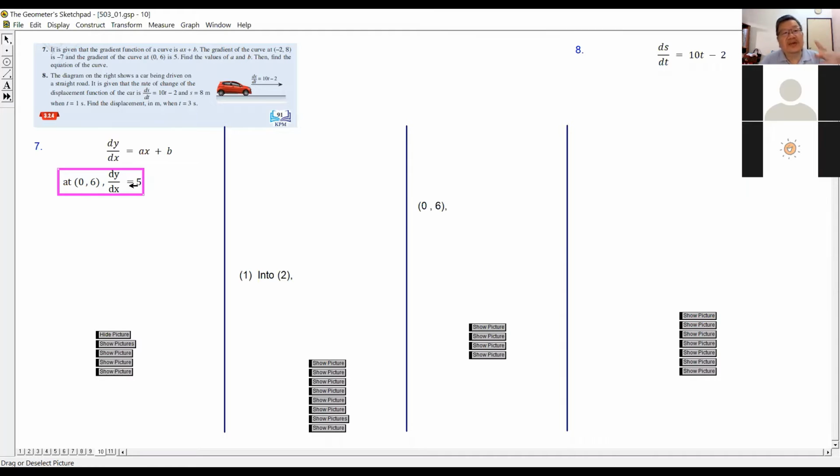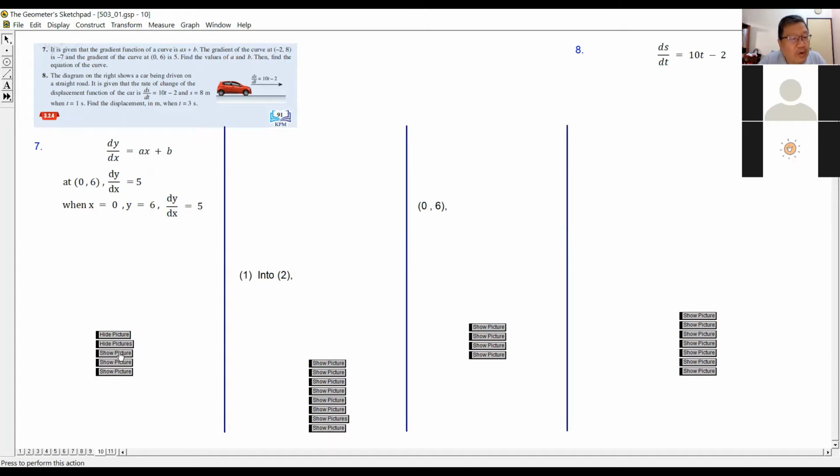So you don't substitute y equals 5. You substitute dy/dx equals 5. Now this set of values means x equals 0, y equals 6, dy/dx equals 5. And we choose to use this set of values first.